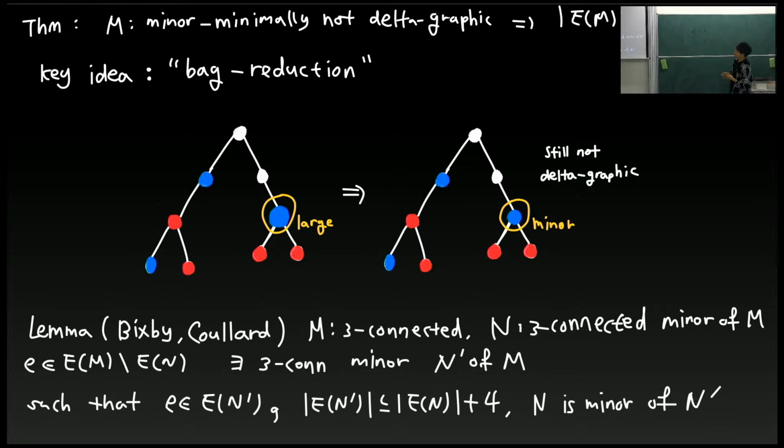For this, we use a lemma due to Bixby and Coullard. When you have a three-connected matroid M and a three-connected minor N of M, and let E be an element which is not in N, then we can find a three-connected minor M prime of M such that M prime contains E and also contains N as a minor.